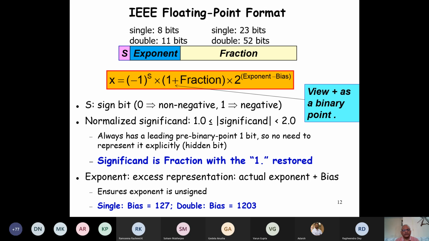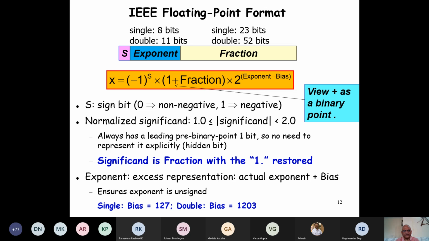So if the exponent is all zeros, then it is minus 127. And if it is all ones, then it is 256 minus 127. So that's the meaning of the bias. But then we'll see that all zeros and all ones in the exponent are reserved for some purpose.